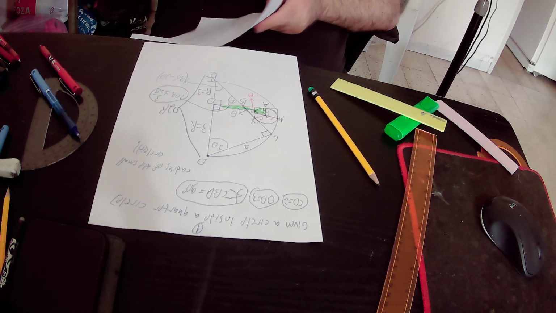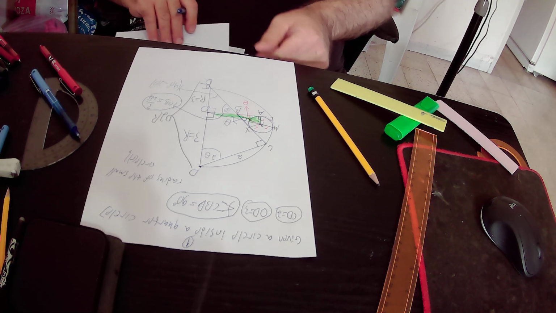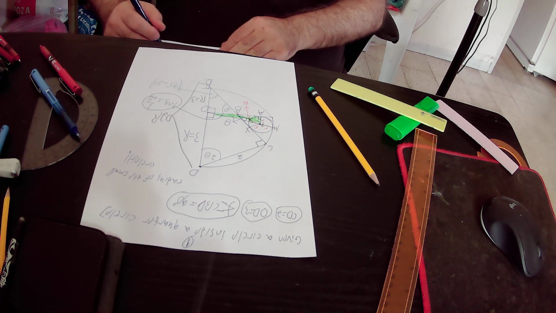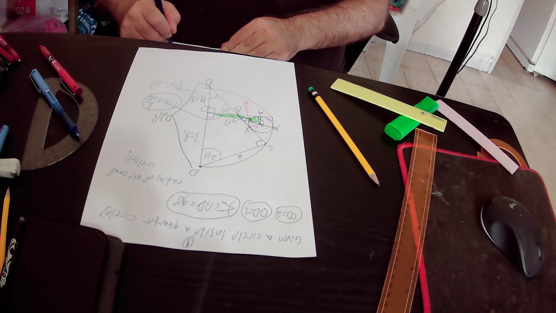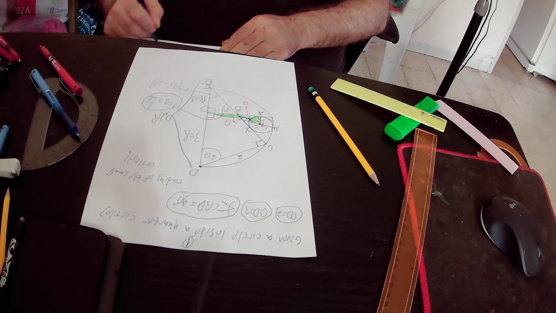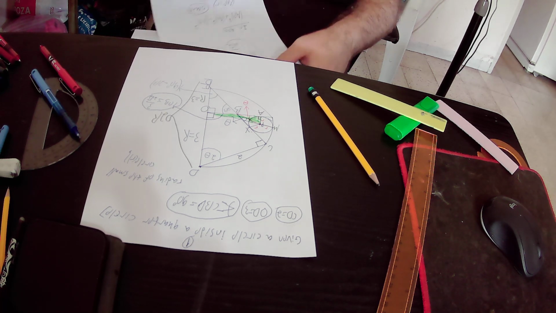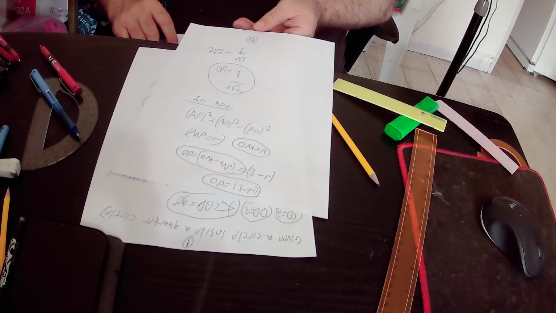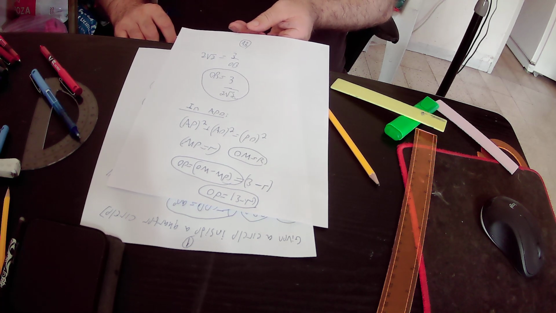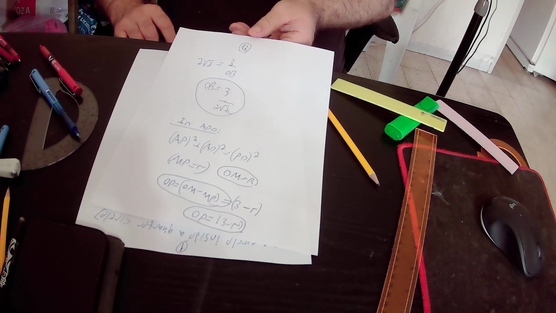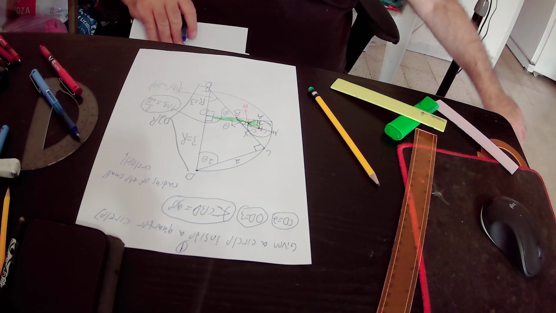But OM is the radius of the semicircle, which equals 3 units. And MP is the radius of the small circle, which equals small r. So in total, we found out that OP equals 3 minus small r.